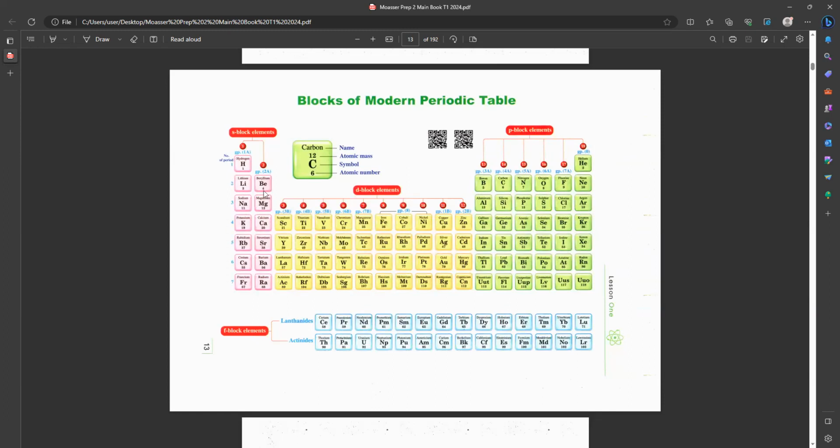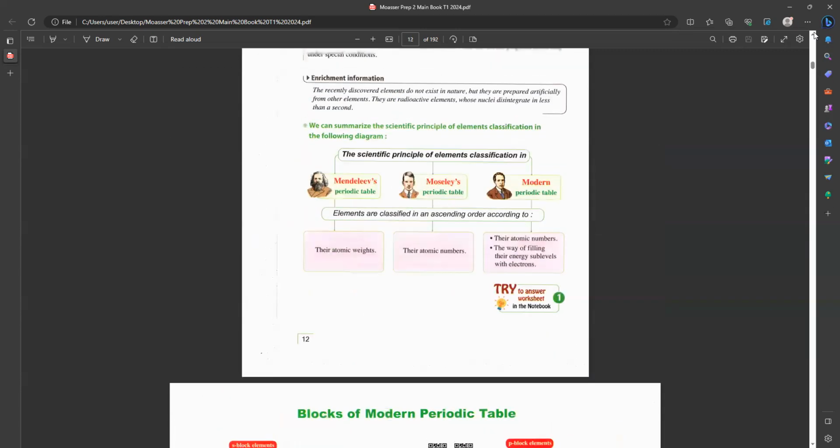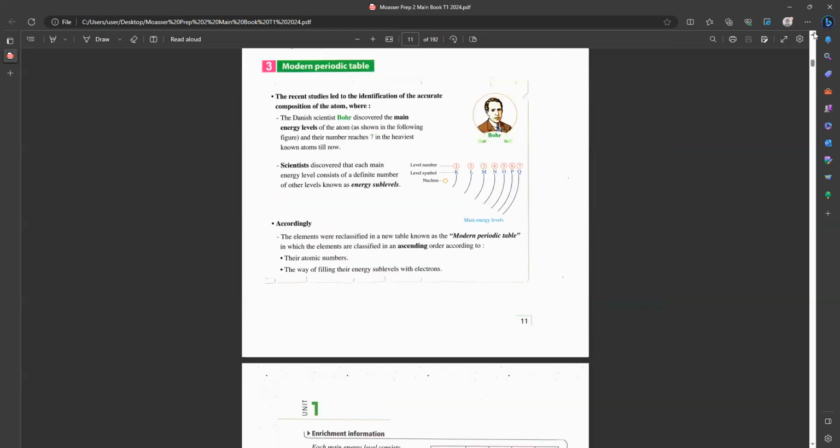It has groups, which are vertical, and periods, which are horizontal rows. The scientists ordered the elements in ascending order according to atomic number, not atomic weight. It has 7 periods and 18 groups.